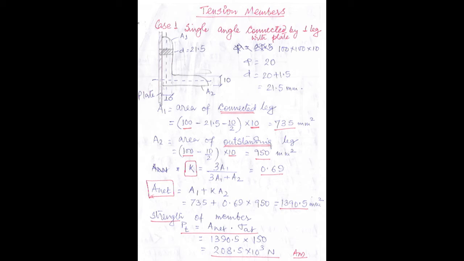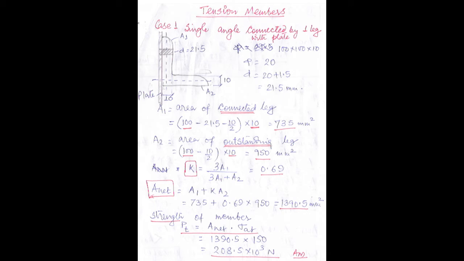From each leg we have drawn one center line, which I have shown by a dotted blue color. I think you are getting it. So from the entire 100 millimeter, the vertical length, first we subtract 21.5, and the thickness is 10. The center line passes through the middle of the thickness, so that means 5. That's why it is minus 10 by 2, that is 5.